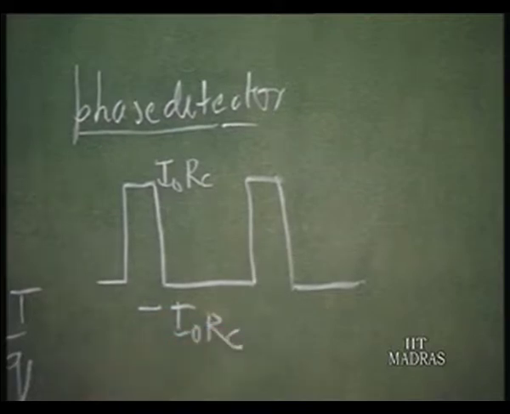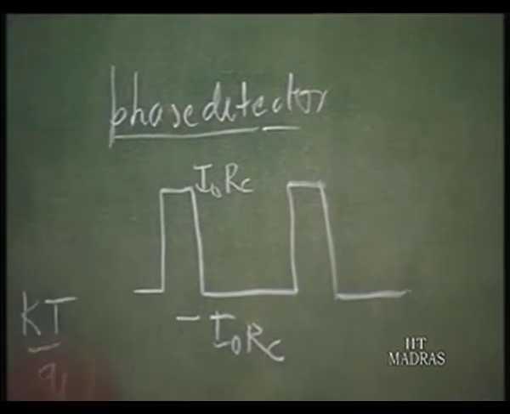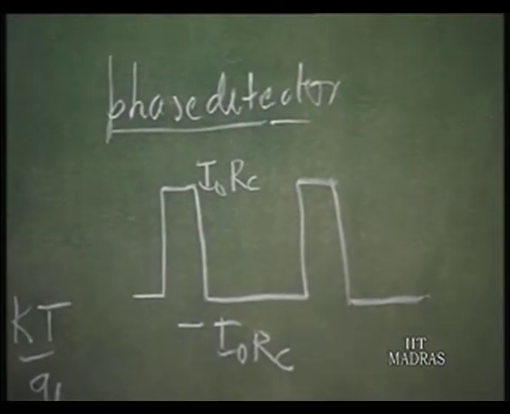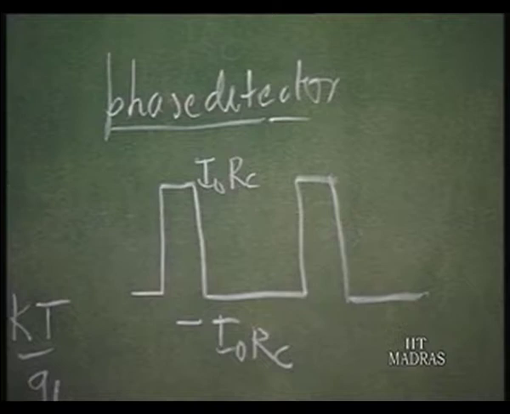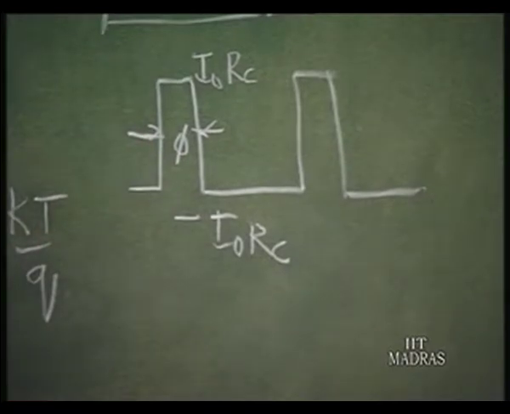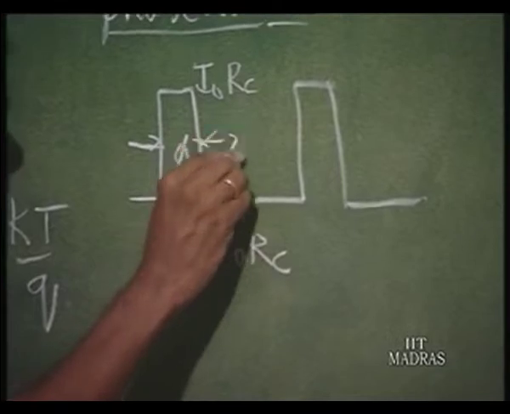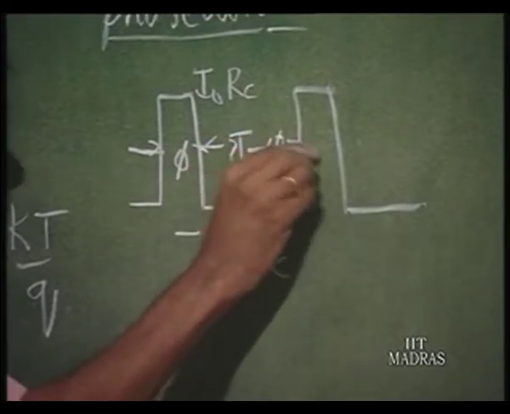That is what we saw as an XOR gate. So, amplitude varies between minus I naught Rc and I naught Rc, and therefore, let us say phi is the phase difference between the two square waves, and this is pi minus phi.